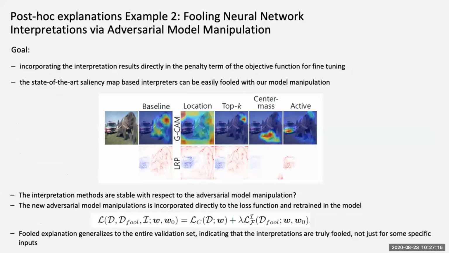So the next benchmarking method that we're describing is called fooling neural network interpretation via adversarial model manipulation. It is similar in flavor with the previous one that we described as ROAD framework. However, the way it works is slightly different. So the ROAD framework didn't modify the baseline interpretable model itself.